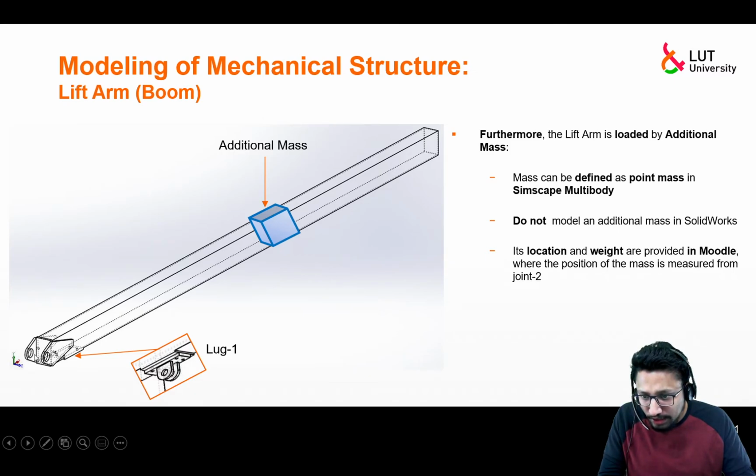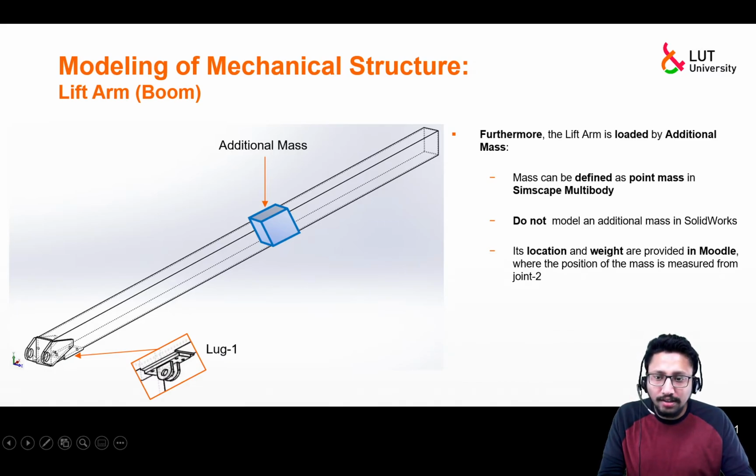Whereas in this case, we have to model a point or the origin here, which is actually in space and not on any particular body, because it is along this cylindrical axis.